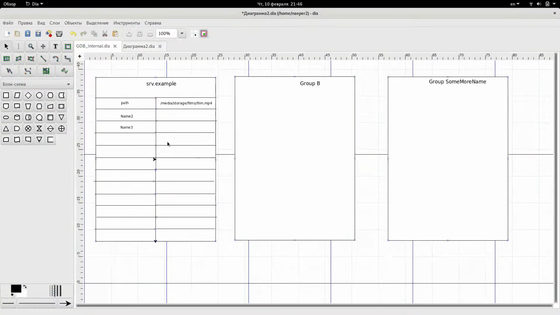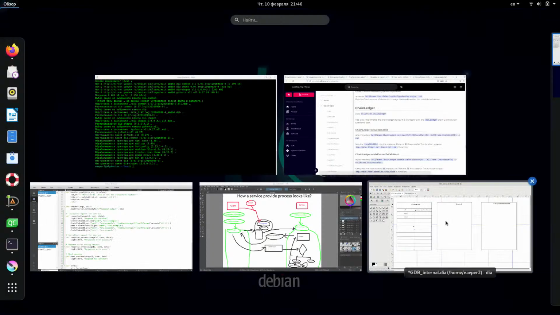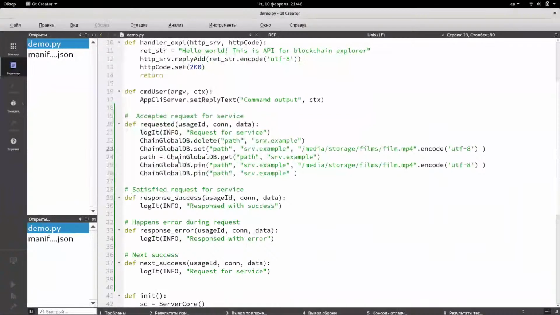If you need to put some data in GDB, you should care about this data: will it be erased or not? To not be erased, you should pin it, and to pin it, you call this function. What does it mean if it's pinned?